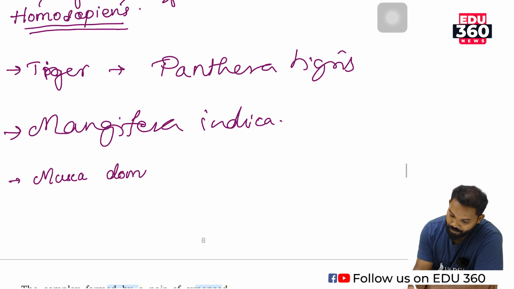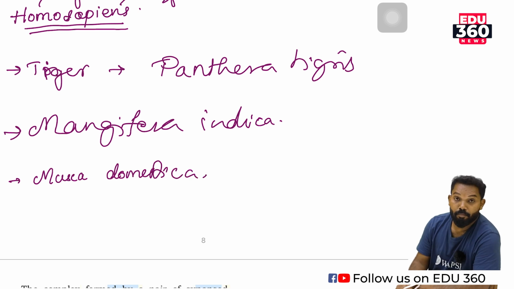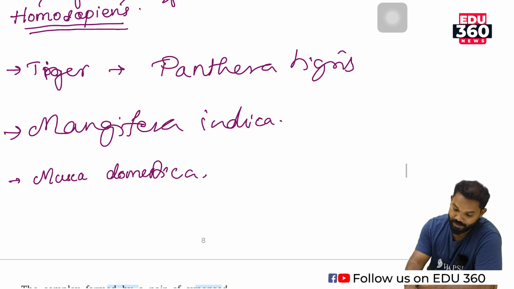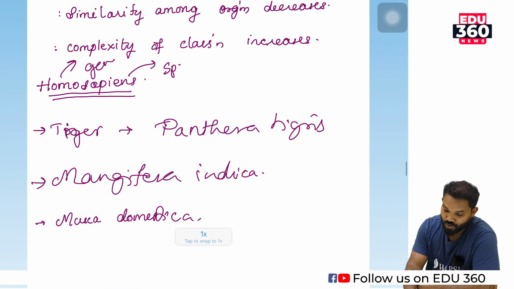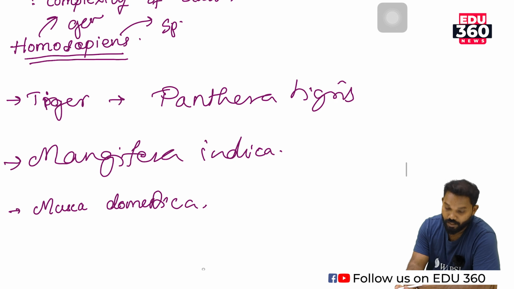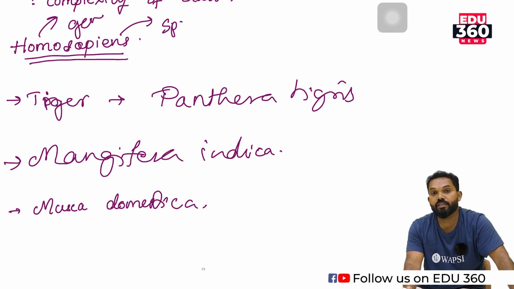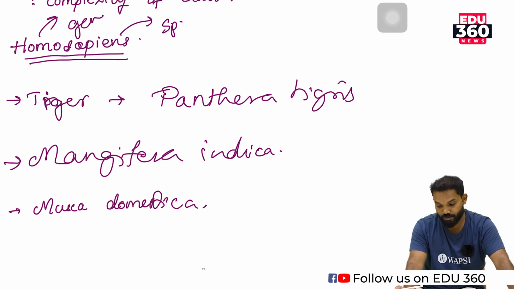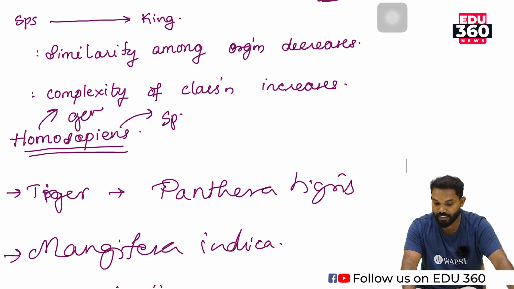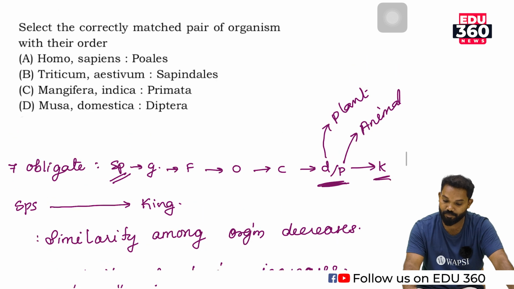Musca domestica. Musca is the genus name, domestica is the species name. So, according to binomial nomenclature, the scientific name has 2 Greek or Latin words. The first word is the genus and the second word is the species.